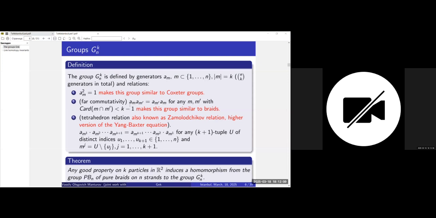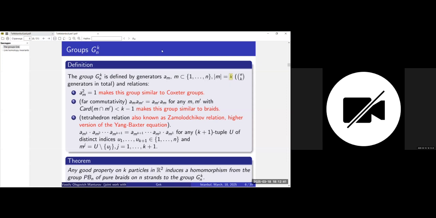Then the second relation is the far commutativity relation. If two sets of indices, m and m prime, have intersection which is not maximal possible, then these generators commute. What does it mean, not maximal possible? We have k-element sets, so their intersection can have cardinality k minus 1.